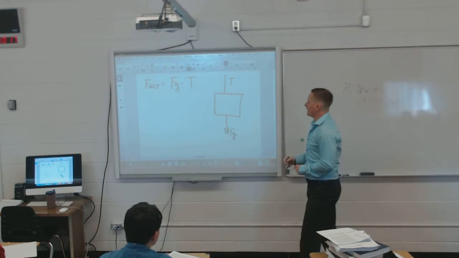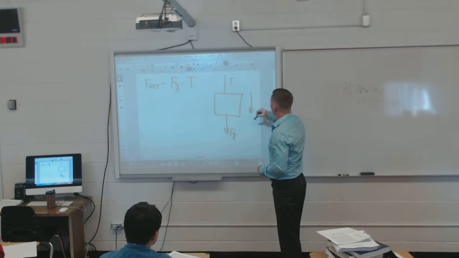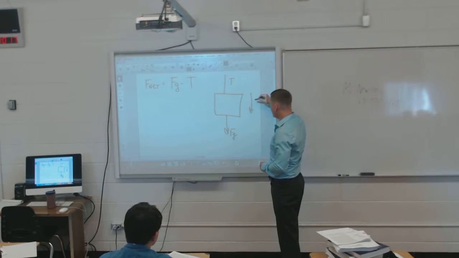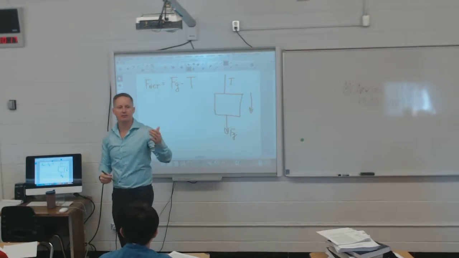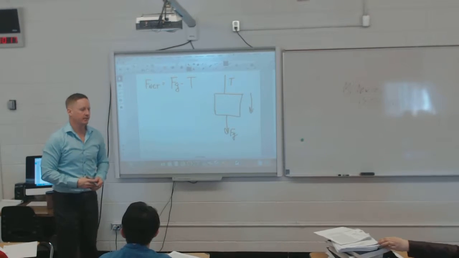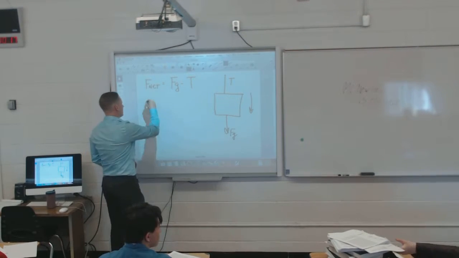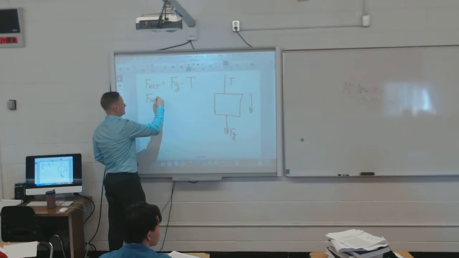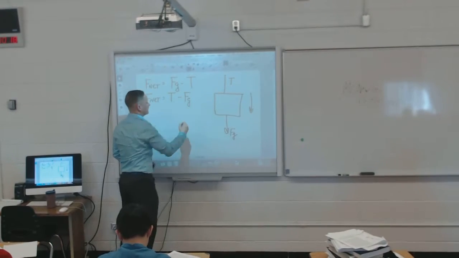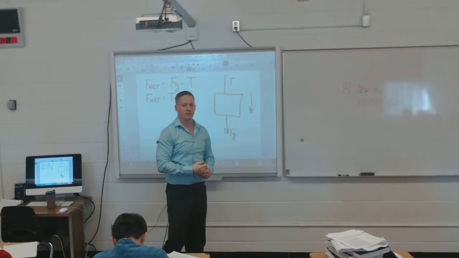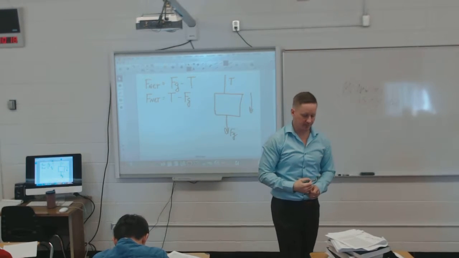That's if the elevator is moving down with an acceleration. Then my force of gravity is the greater force, my tension force is the one holding it back. If it's moving upwards, my tension force is greater than my force of gravity. It's overcoming the force of gravity.